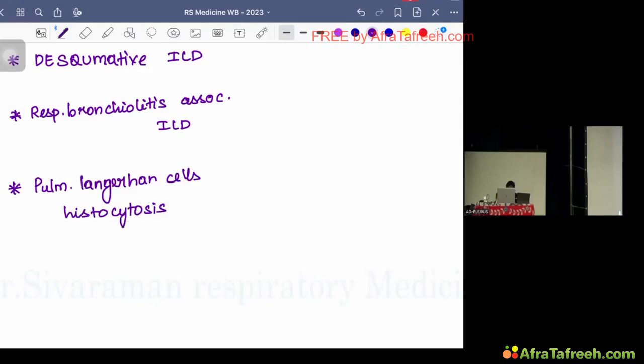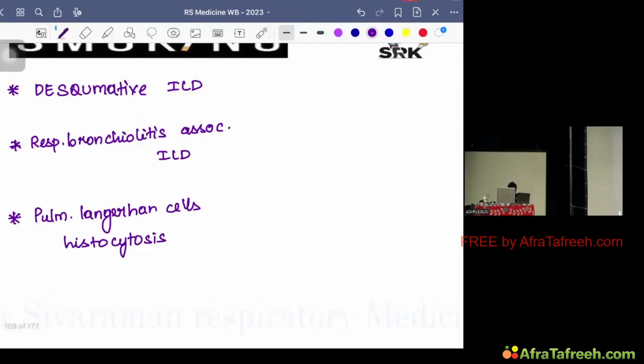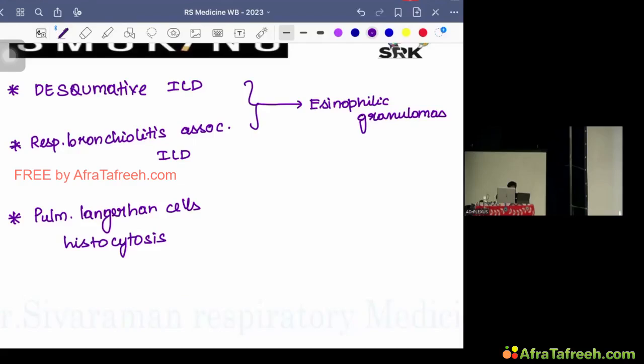Pulmonary Langerhans histiocytosis. If you take desquamative and respiratory bronchiolitis associated ILD, these conditions are going to present with eosinophilic granulomas.